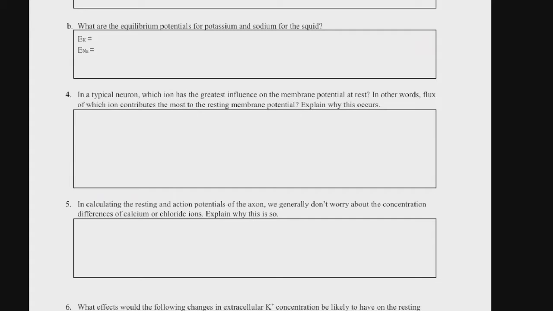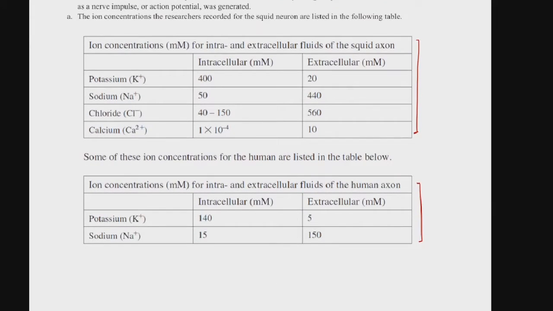So using this equation, we're going to calculate the equilibrium potential for potassium and sodium in the human, which if we remember right here, we're going to be using these numbers in our calculations.